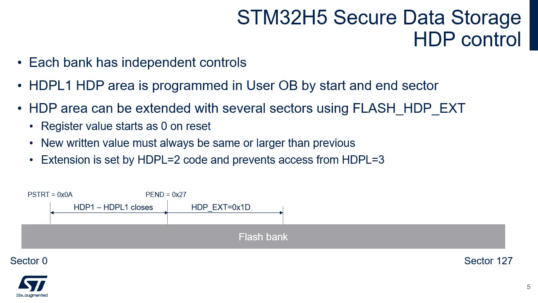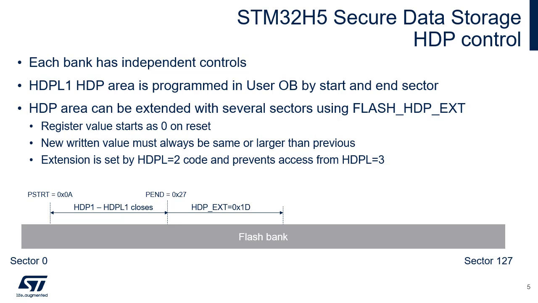The area associated with HDPL1, which is blocked by incrementing to level 2, is configured using option bytes. The threshold between HDPL2 and HDPL3 is a volatile setting in a flash register called the HDP extension.